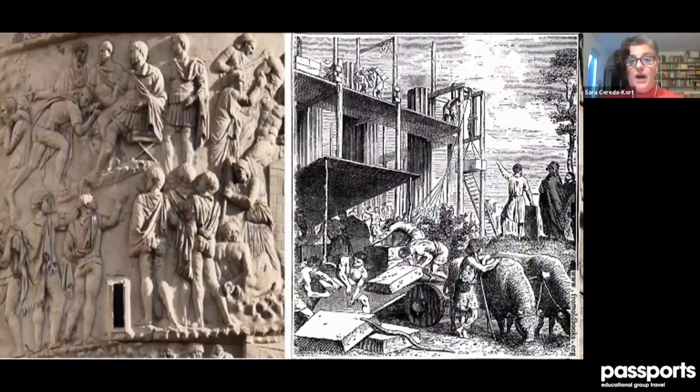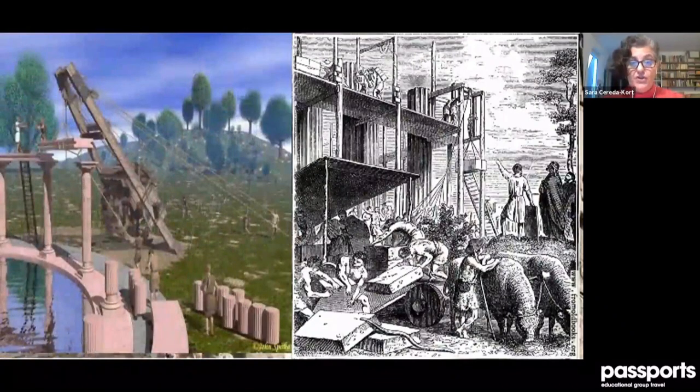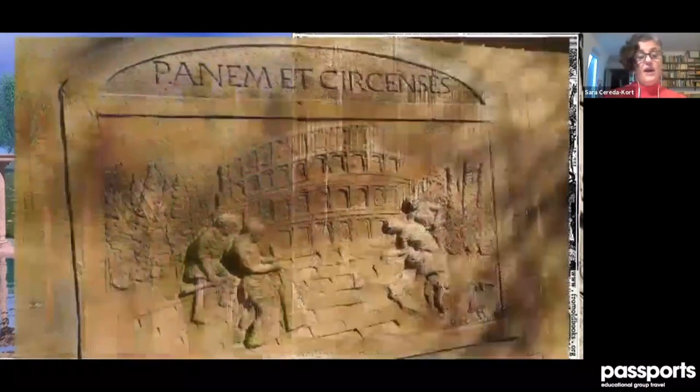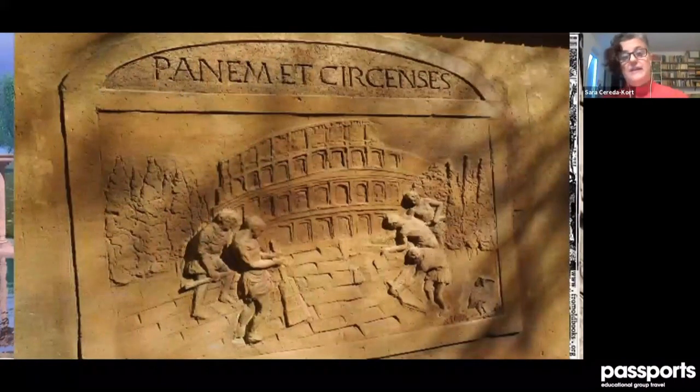Not only manpower, but also machinery and technology was developed to do so. And you can see, for example, to your left-hand side, a prototype of a crane. These have also been reproduced now in modern time to check how effective they were. So they had all the tools, the knowledge and the technology to build.